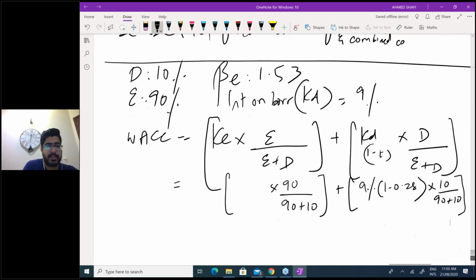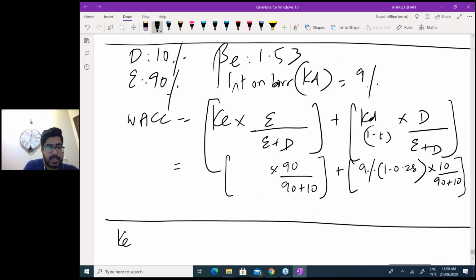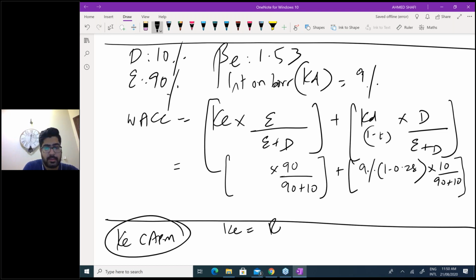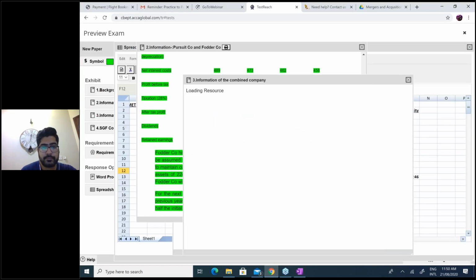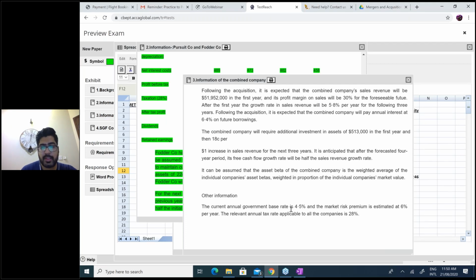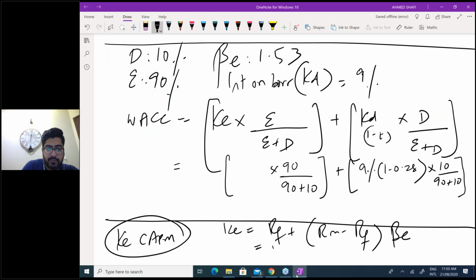So obviously we will find KE through CAPM, the capital asset pricing model, which states KE is risk-free rate plus market risk premium into beta equity. Government base rate, risk-free rate is 4.5%, premium is 6%. Government rate 4.5%, premium is the whole bracket 6%. And what about beta equity? 1.53.